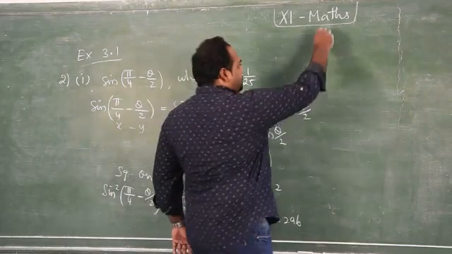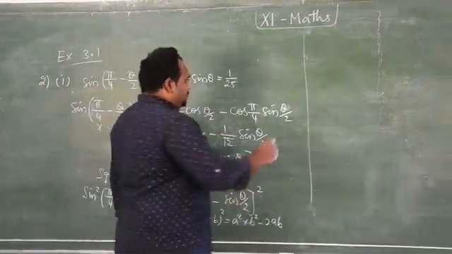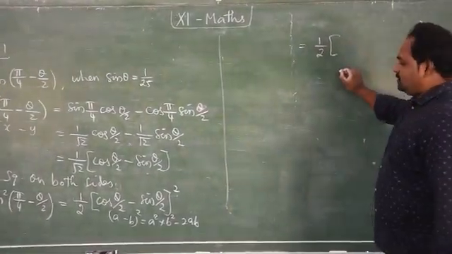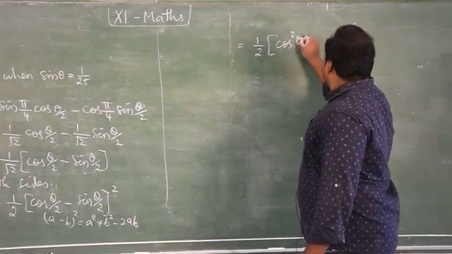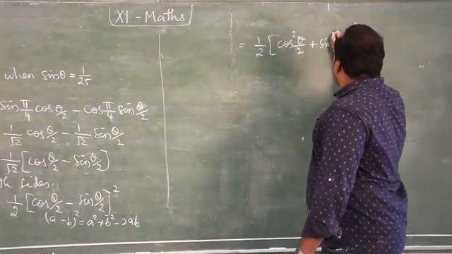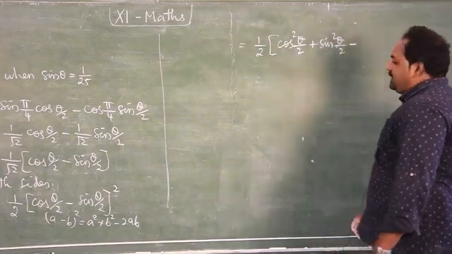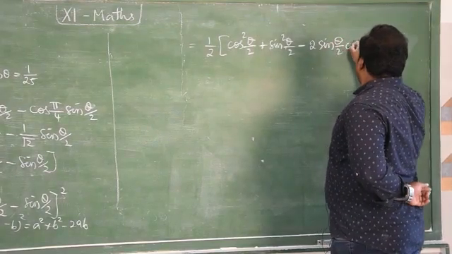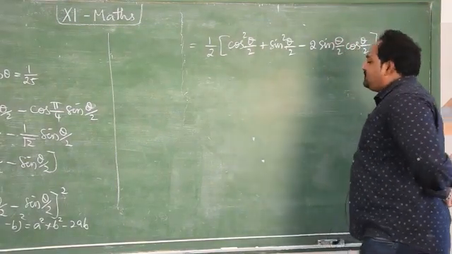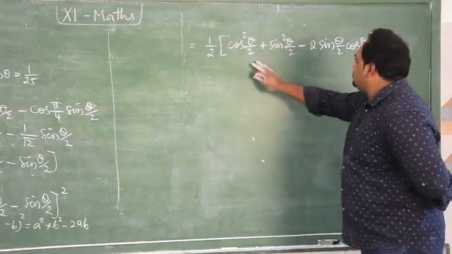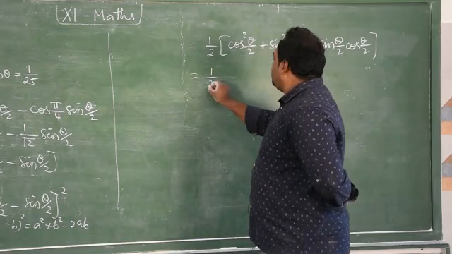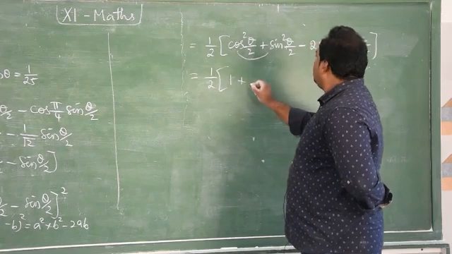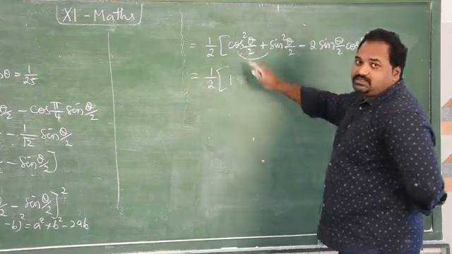We know very well. Here I am going to express this formula in the left hand side: 1 by 2, a square cos square theta by 2, b square sin square theta by 2, minus 2ab, 2 into sin theta by 2 cos theta by 2. So after expressing the formula a minus b whole square, we get these steps. Here 1 by 2 (cos square theta by 2 plus sin square theta by 2), which can be written as 1. We know very well cos square plus sin square is 1.